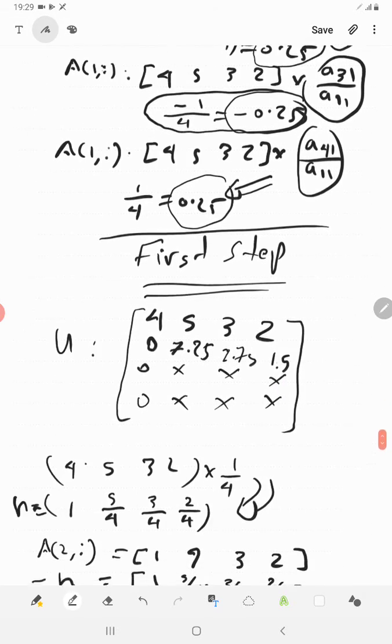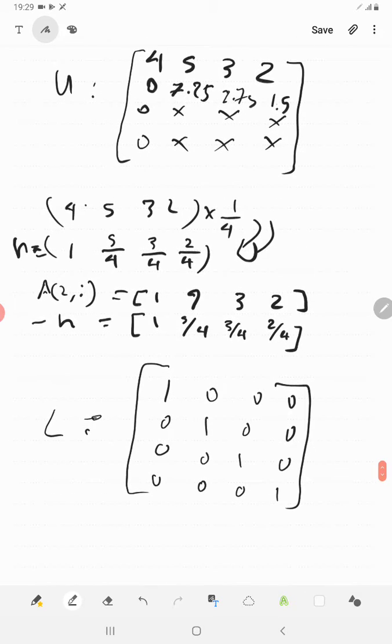We insert these 3 figures into this group. So here 1 over 4, minus 1 over 4, and 1 over 4, okay?